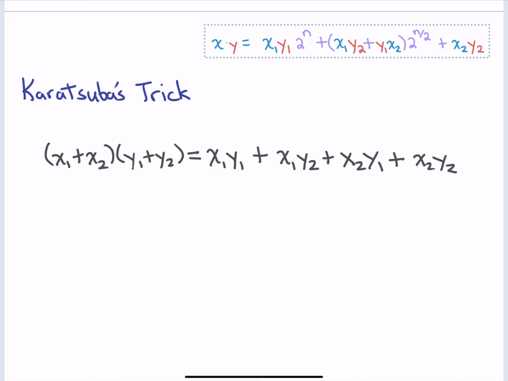So x1 plus x2 times y1 plus y2 is x1 y1 plus x1 y2, x2 y1 plus x2 y2. Some of these terms look familiar. For example, this term matches up with that term.